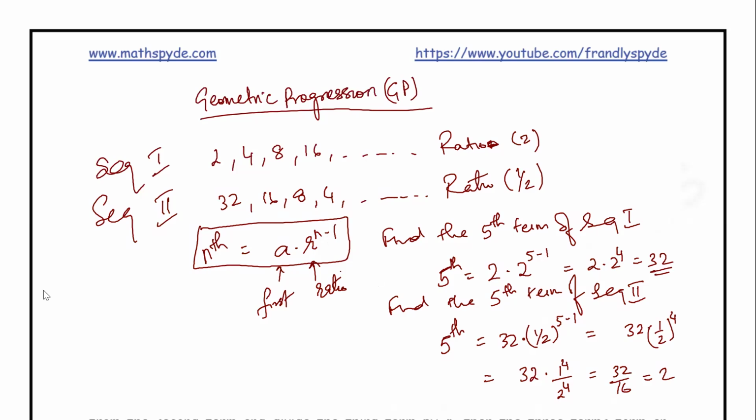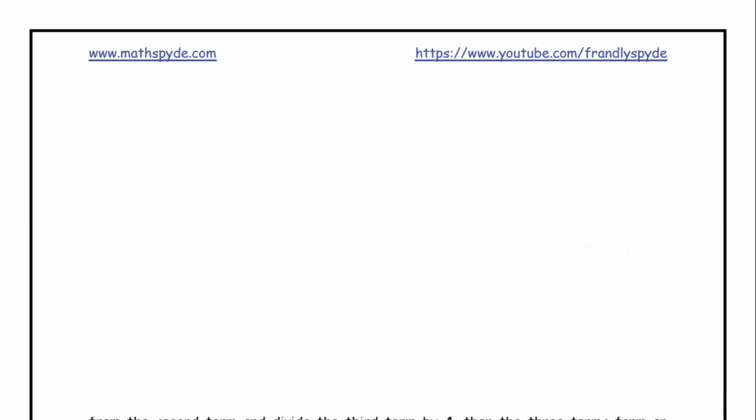Okay. Right. Now we'll move on to the summation formula for geometric progression. There are a few things that you need to remember in the summation one. So the sum formula, sum for a GP, geometric progression.